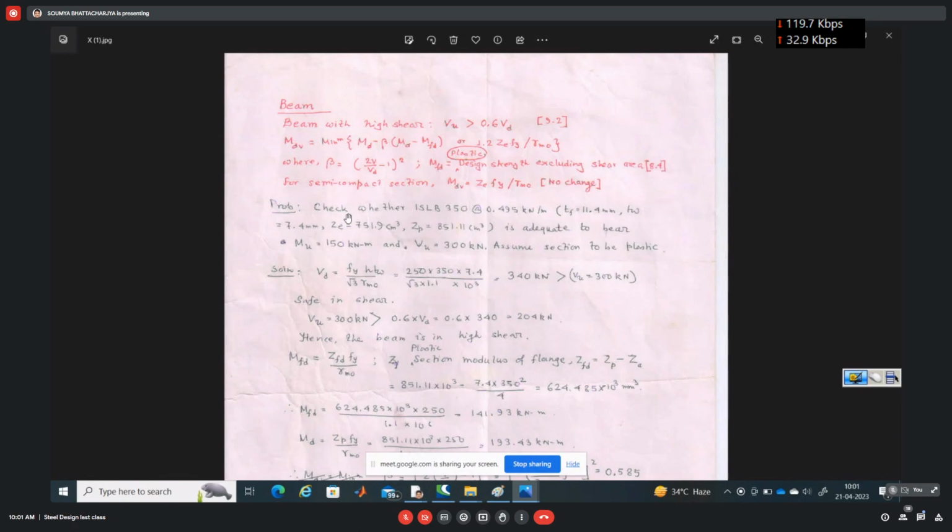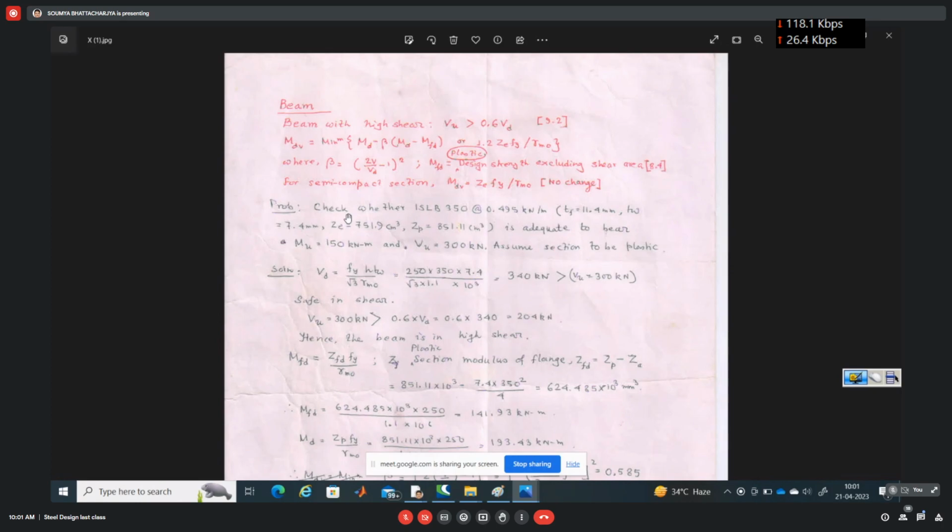So only at the support section of the cantilever beam, or the interior support section of a continuous beam, where at the same section high shear as well as moment is coming, we have to check for this.